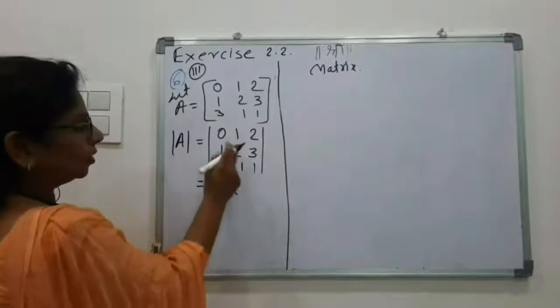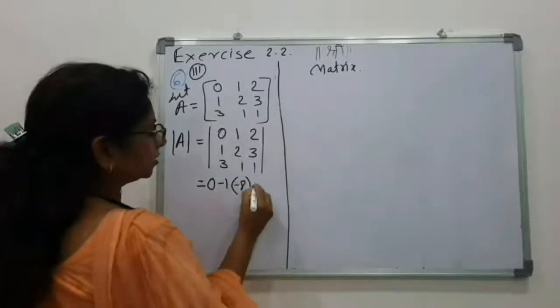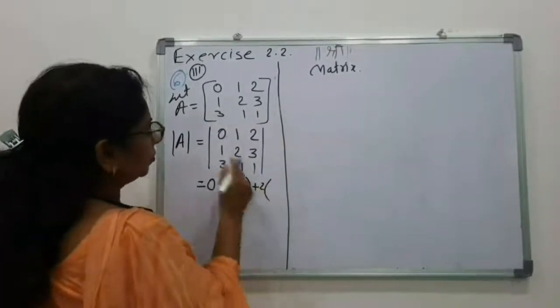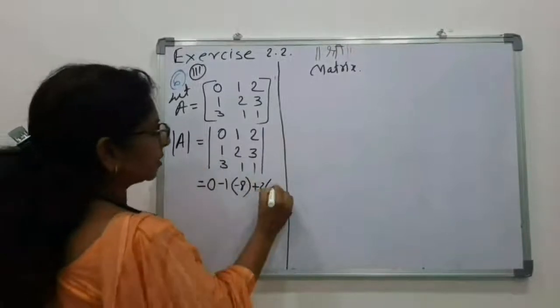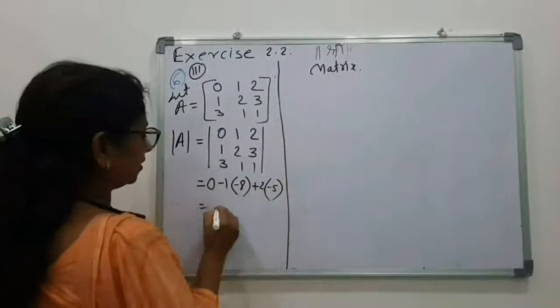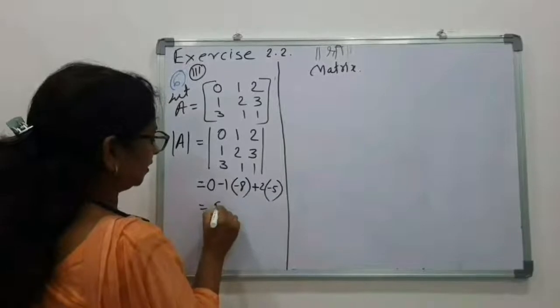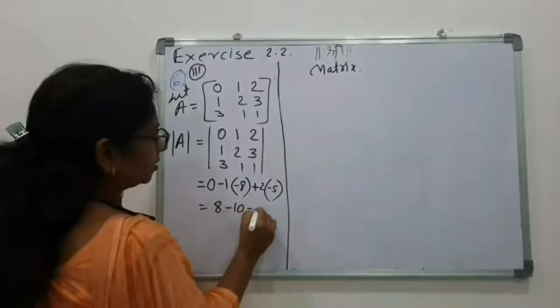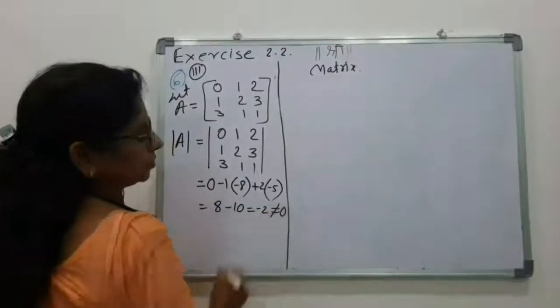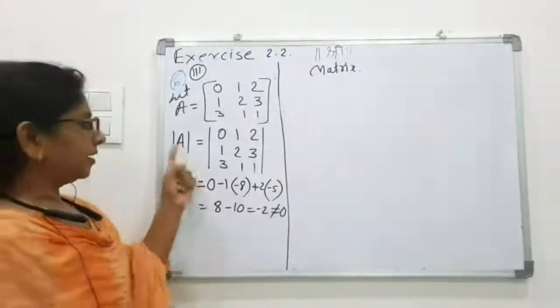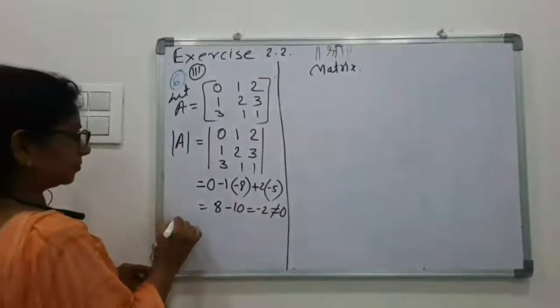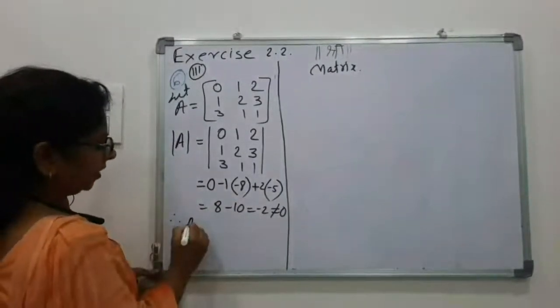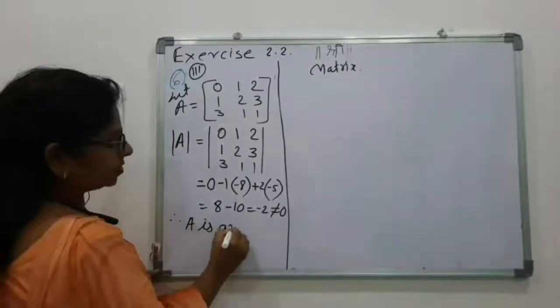Minus 1 into 1 minus 9 means minus 8, giving plus 8. Plus 2 into 1 minus 6 means minus 5, giving minus 10. So plus 8 minus 10 is minus 2, which is non-zero. The determinant is non-zero. Therefore, A is a non-singular matrix.